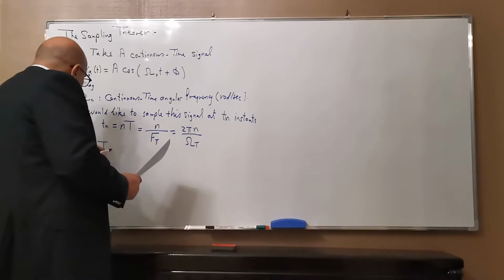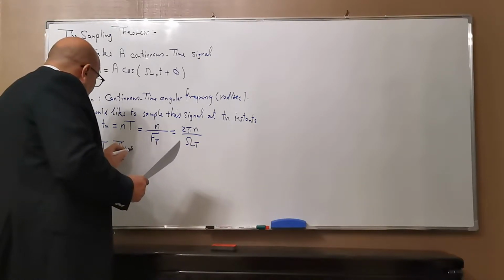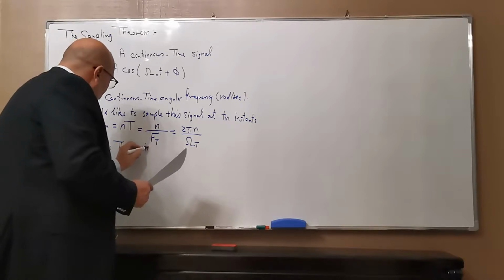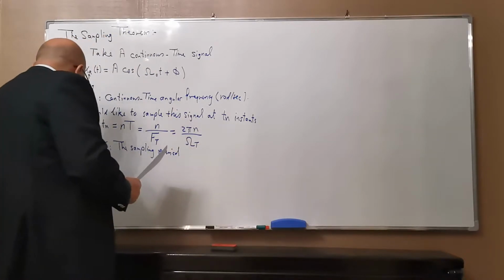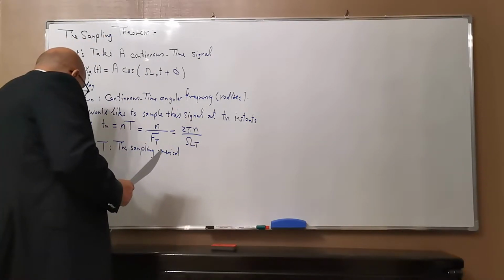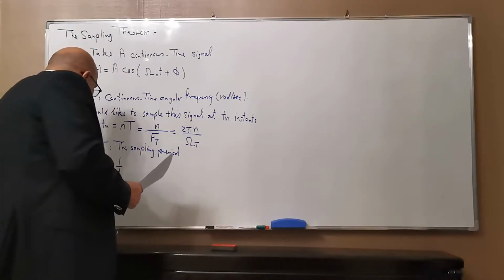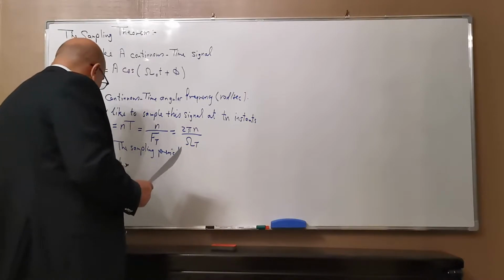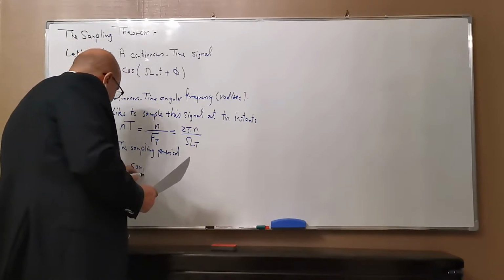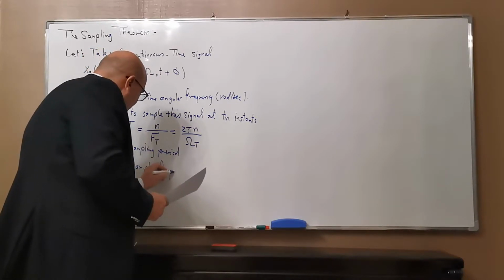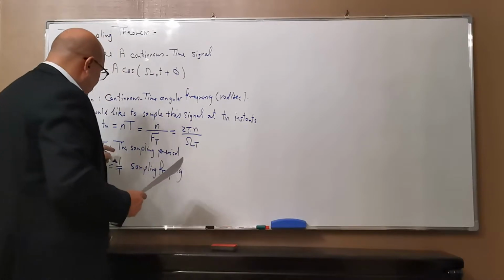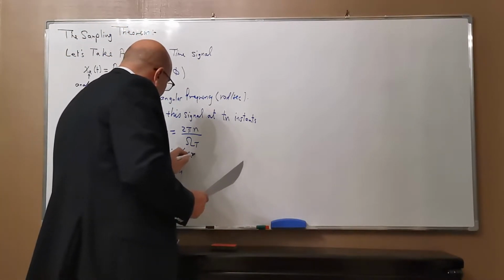T is the sampling period. f_T, which is equal to 1 over T, is the sampling frequency, by the way. The sampling period is in seconds.